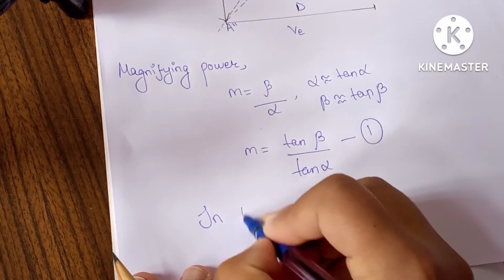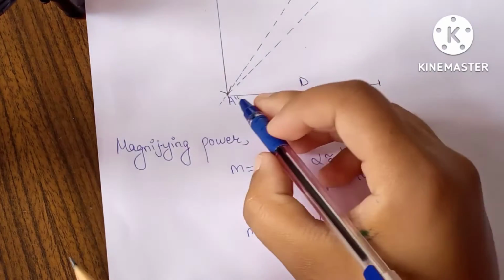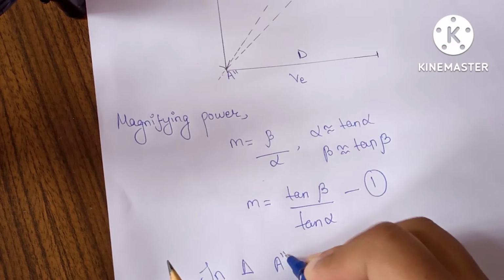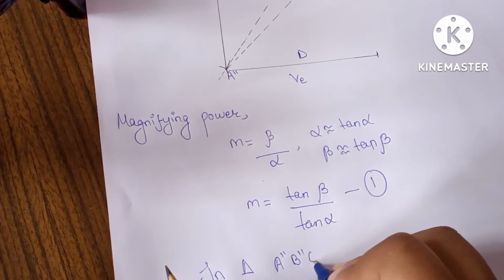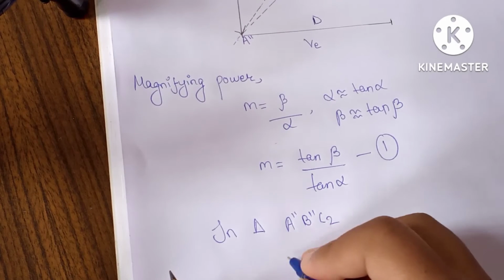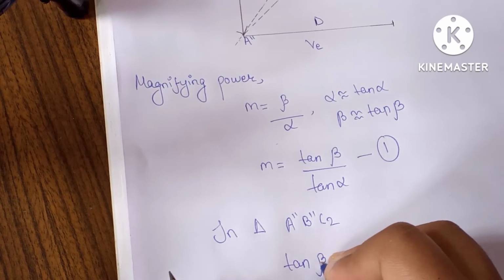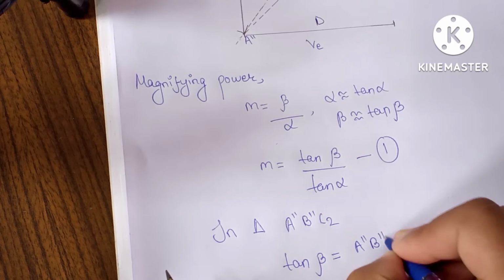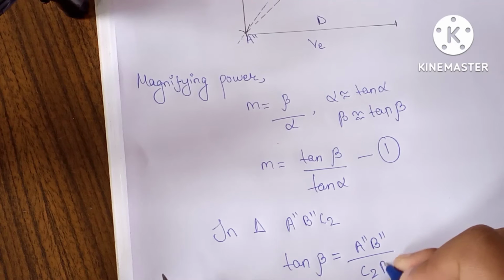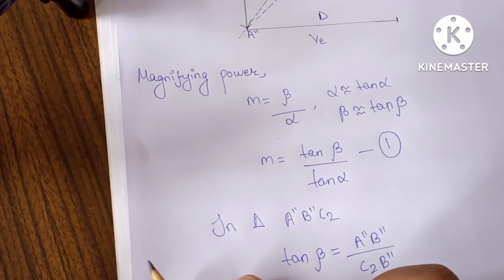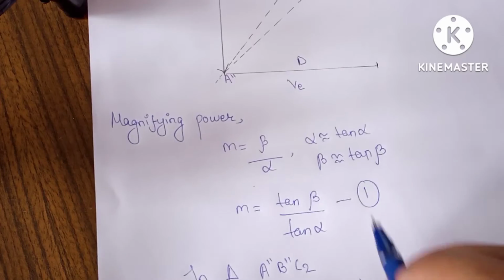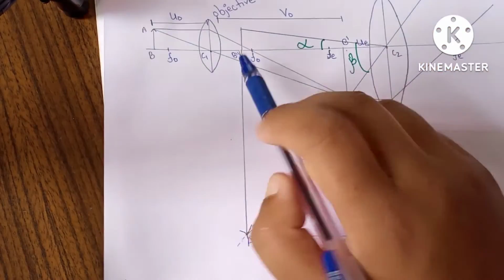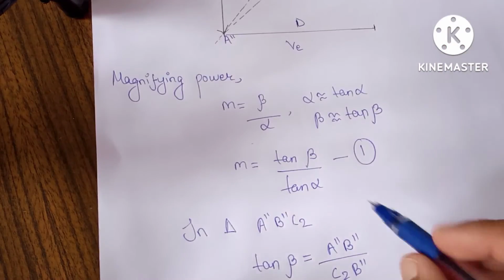Now in triangle A dash A double dash B double dash C2, tan beta equals A double dash B double dash divided by C2 B double dash, because tan is perpendicular by base, so perpendicular is this and base is this. So this is equation number 2.